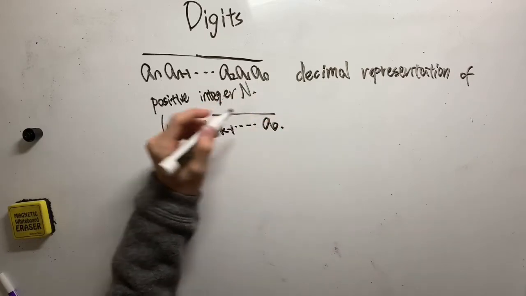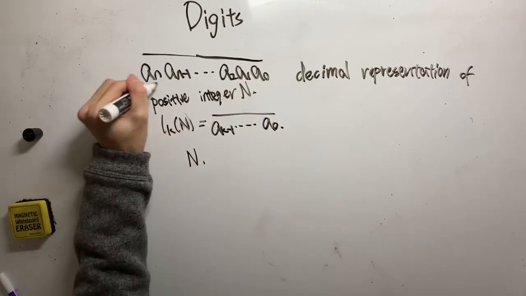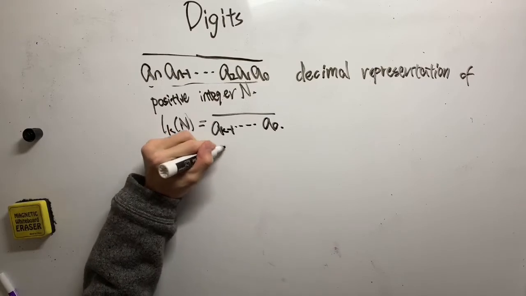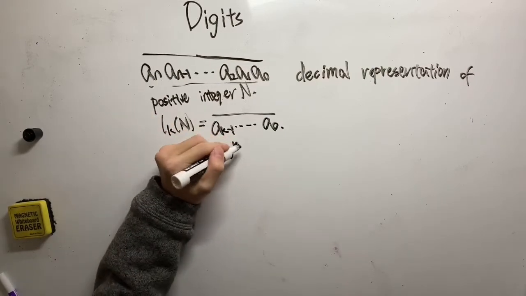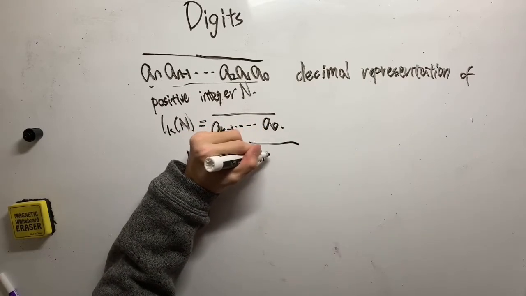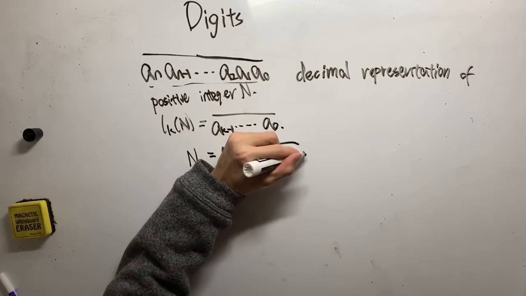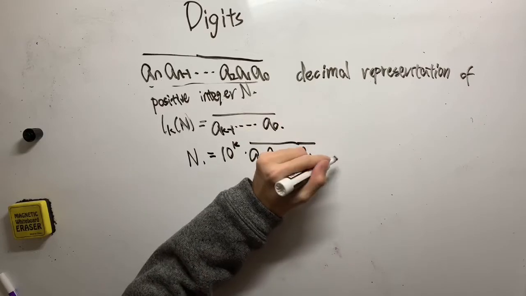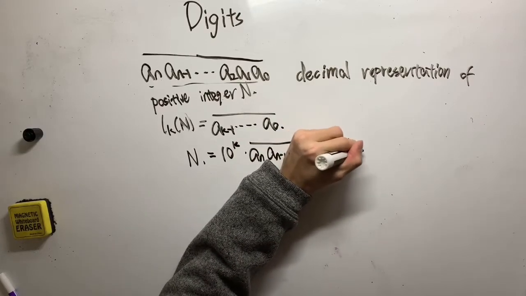Then we have n equals 10 to the k times a_{n-1} until a_k, plus L_k(n).